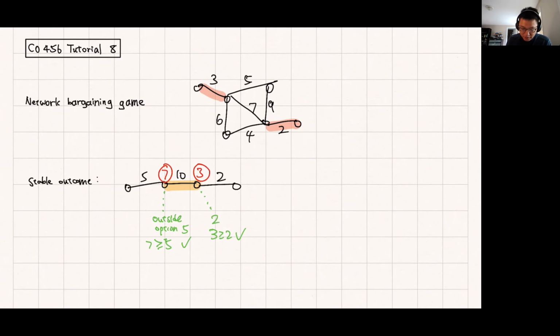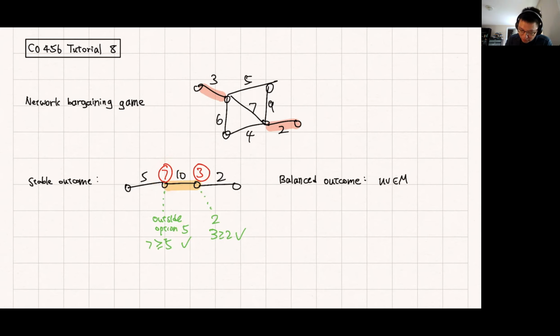But to be balanced, things are a little bit more delicate. In a balanced outcome, for each edge UV, if you look at the difference between the value you get minus the outside option, it has to be the same for either end of the matching.